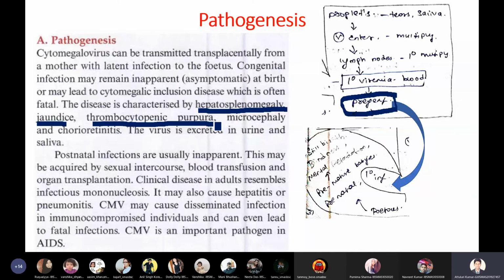And the important thing that we need to see in cytomegalovirus infection is it will specifically target the neural cells of the baby. So the baby's nervous system will get highly affected, resulting in formation of microcephaly with chorioretinitis.